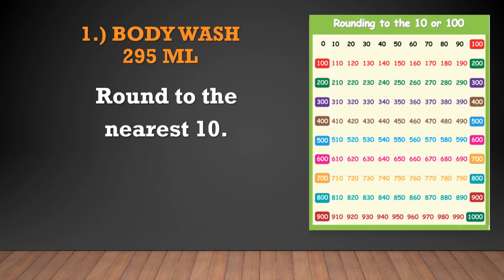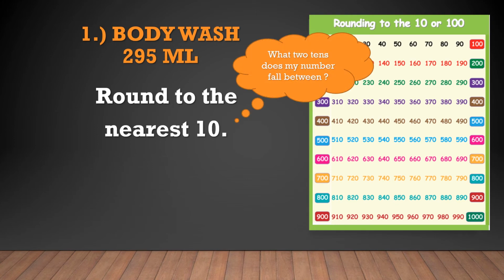So if we look at our chart and think about what two tens our 295 number falls between, we could use our chart here to make that decision. First, we need to ask ourselves, what two tens does my number fall between? If you'd like to pause, you can pause at any point to make your choice or do your estimate.